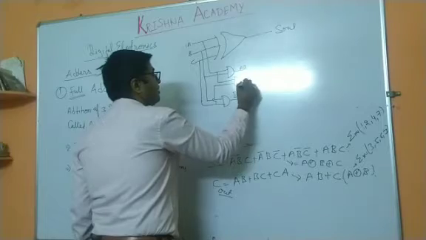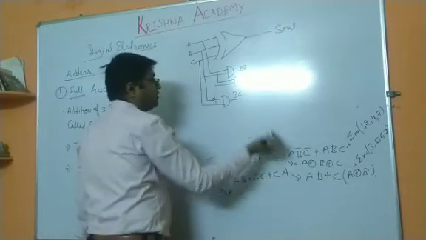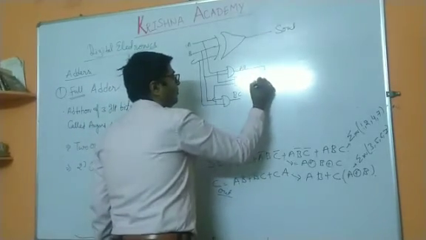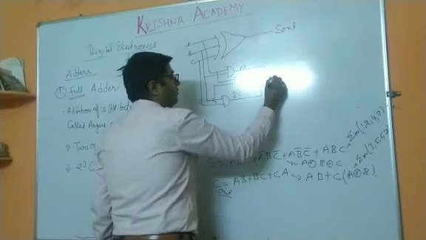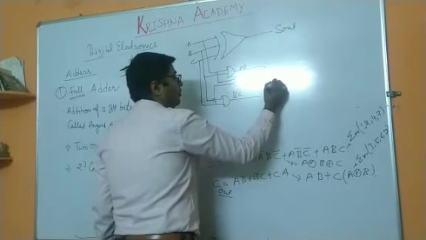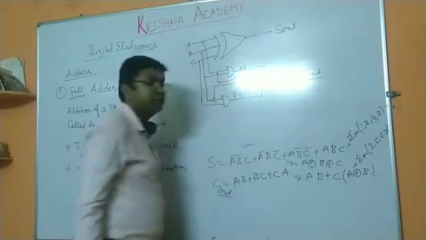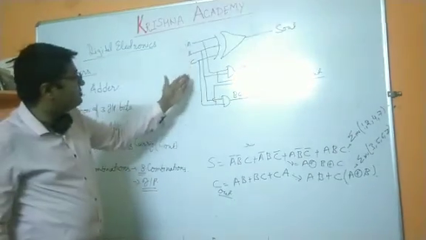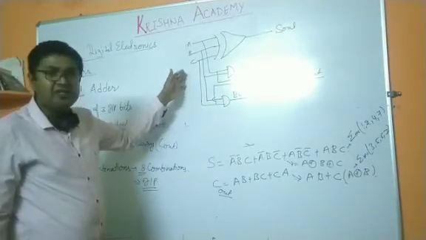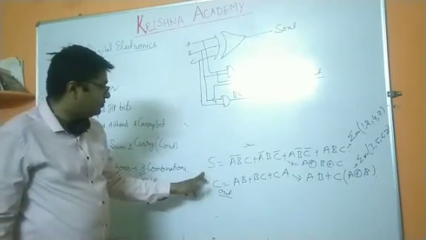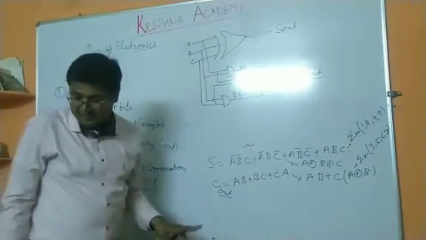This is CA. It is a simple circuit, and we put an OR gate. This comes as C out. So this is the simple logical representation of sum and carry out in a full adder circuit.